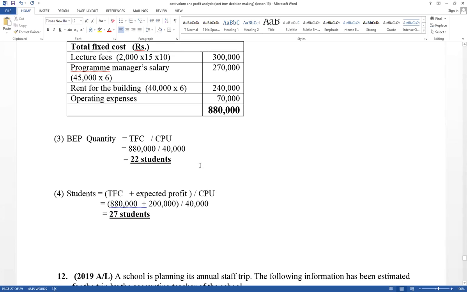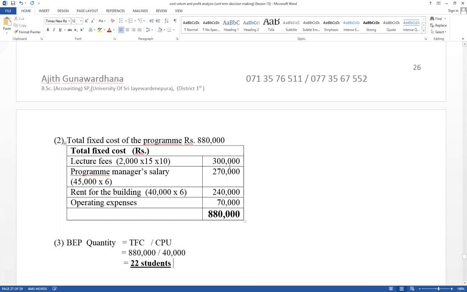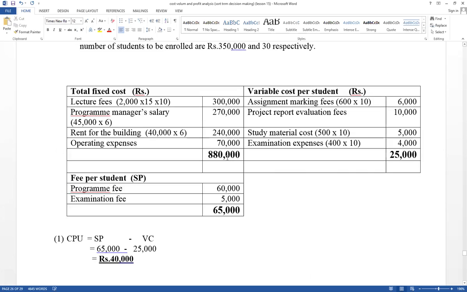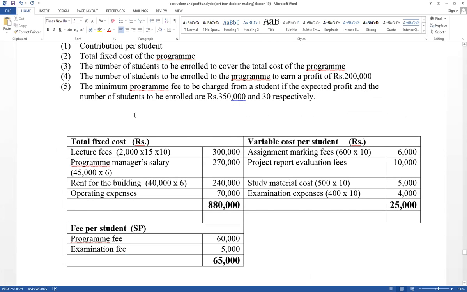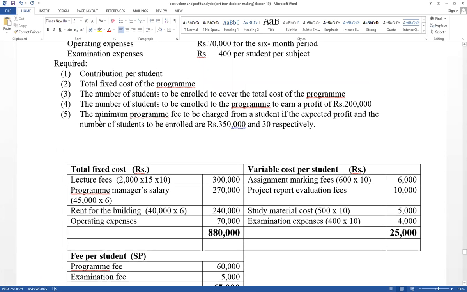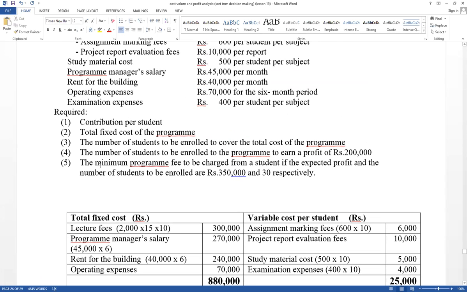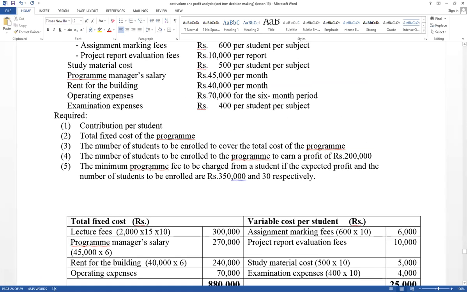Think about the requirement. The important thing is that you have to know how to recognize variable cost per unit as well as total fixed cost. The last requirement: the minimum program fee. Read carefully.